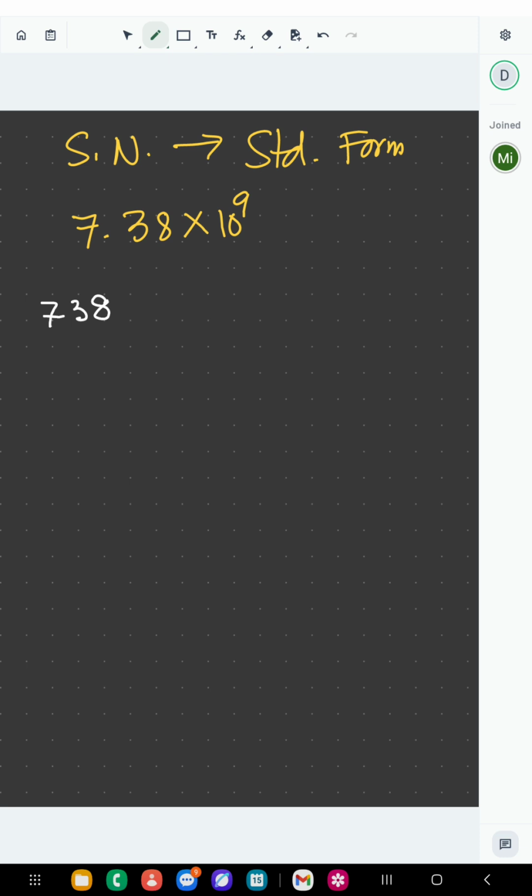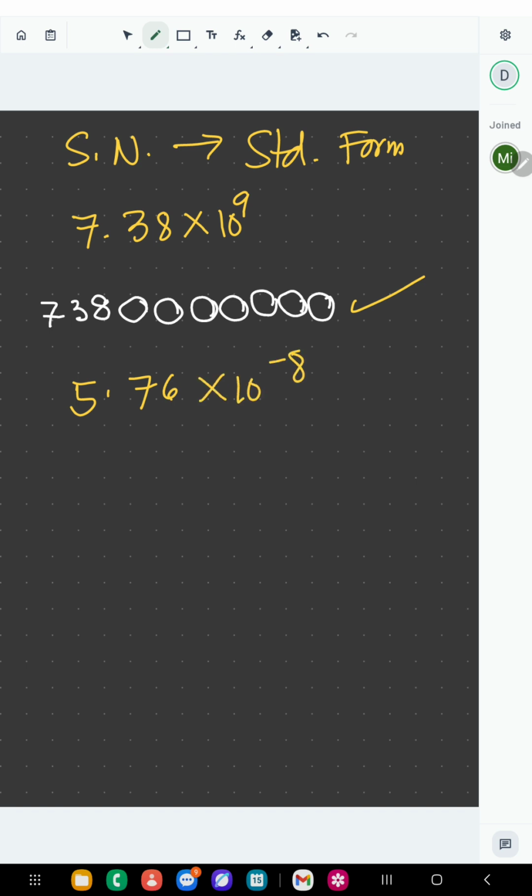To the right. That's correct, because you move the decimal point to the right the same number of times as the exponent, so 9 times in this case. How about 5.76 times 10 to the -8?